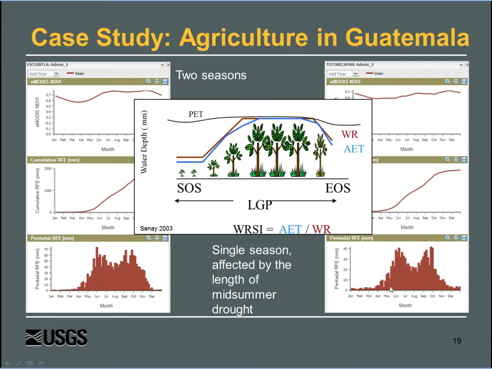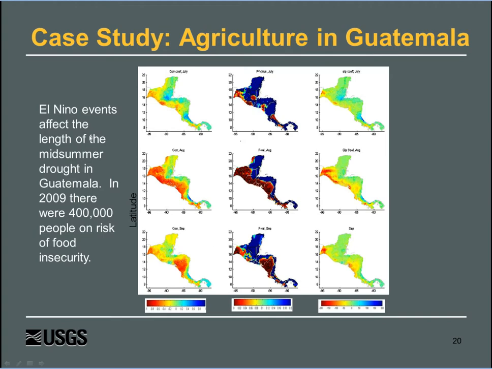So we found that during the periods of El Nino, there is a decrease during July and August. There is a decrease of rainfall in the Pacific area of Central America. Then we see that a decrease in the highlands affects directly the midsummer drought, and it extends the midsummer drought during the Nino events.